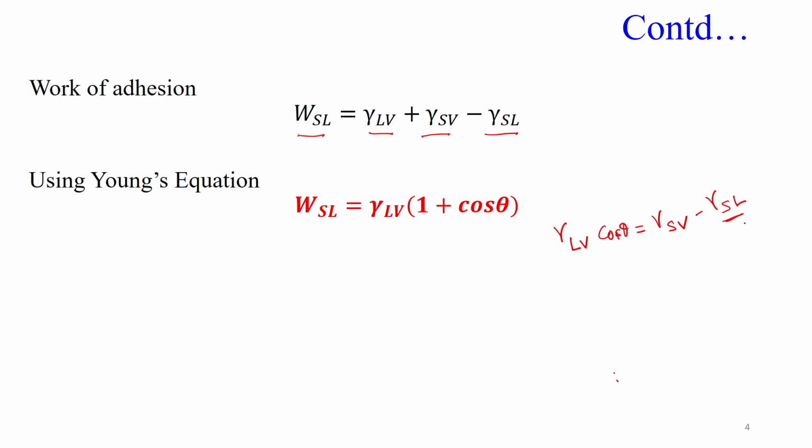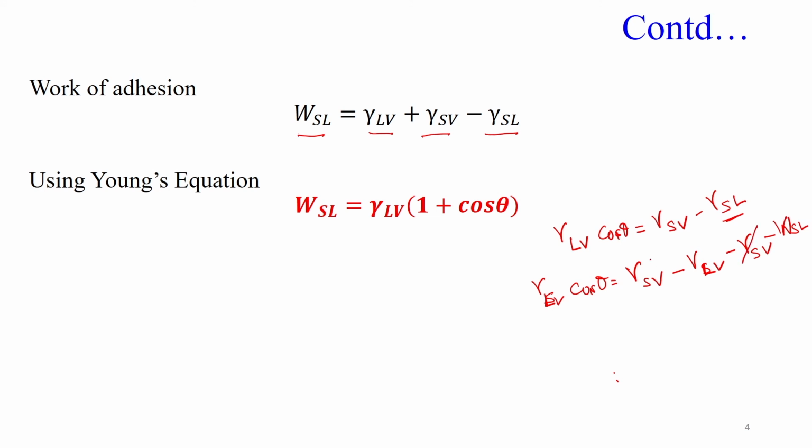So if you put gamma solid liquid in terms of work of adhesion, it will be gamma liquid vapor cos theta is equal to gamma solid vapor minus gamma liquid vapor minus gamma solid vapor minus work of adhesion W solid liquid.